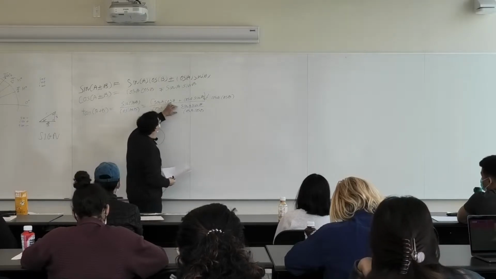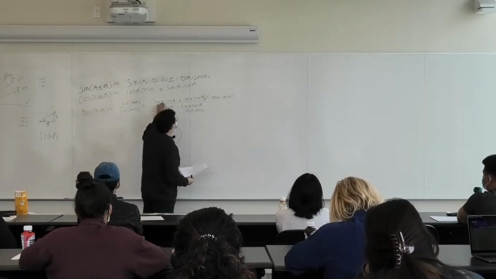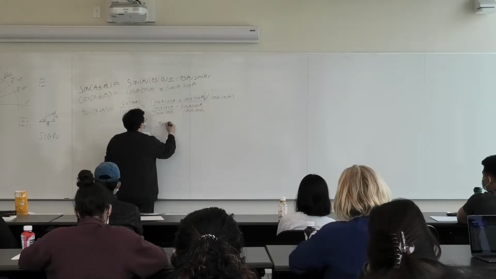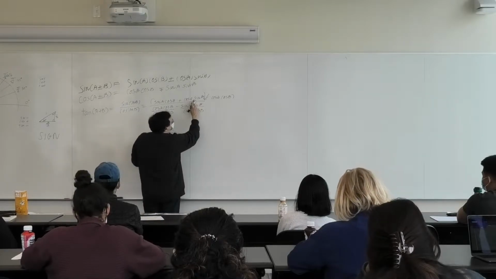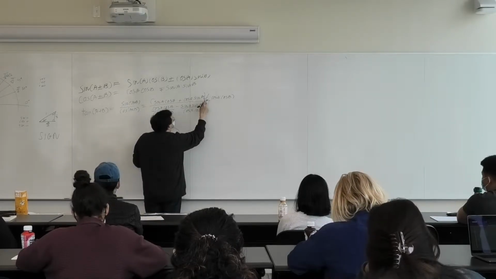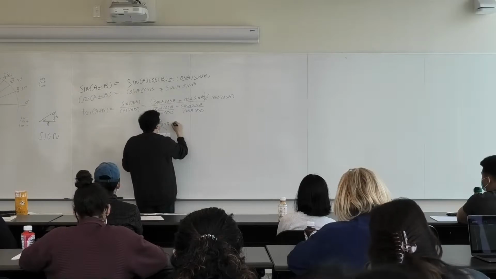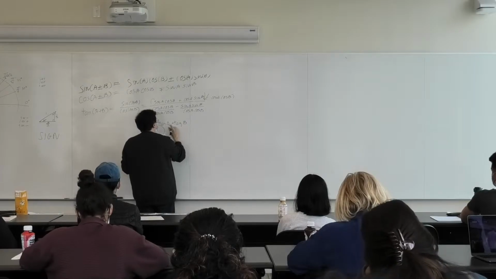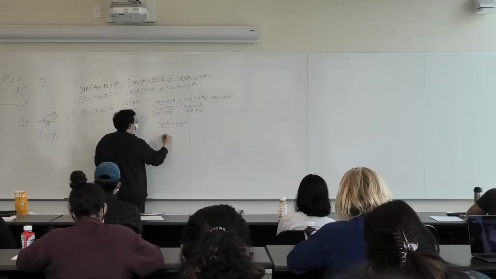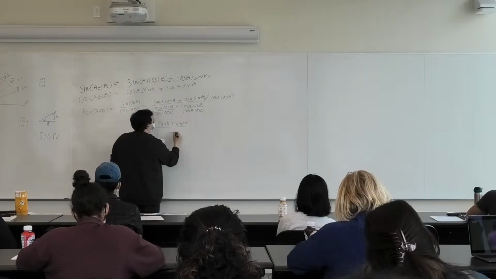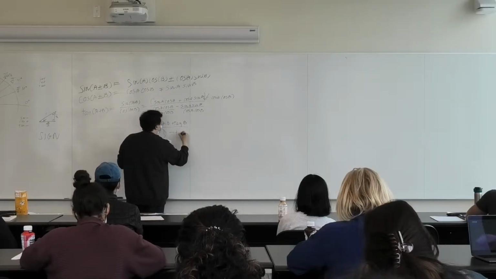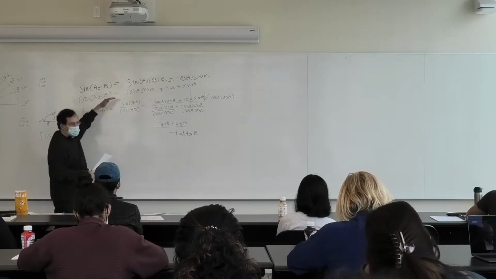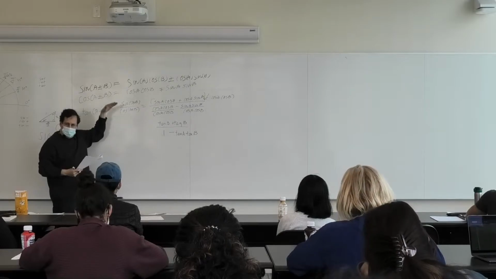Well, sine A cosine B over cosine A cosine B, that's just the tangent of A. Same thing here, we divide by this and we get sine B over cosine B. Oh, that's just the tangent of B. Over here we have 1, and over here we have what? Tangent A, tangent B.